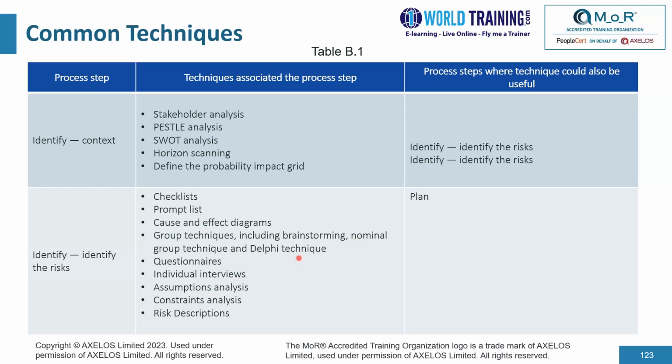And then Delphi is a technique wherein you involve subject matter experts, and you do that in an anonymous fashion. Let's say, for example, you would like to understand the risks associated with procurement. So you identified 3 stakeholders from whom you would like to gather ideas.